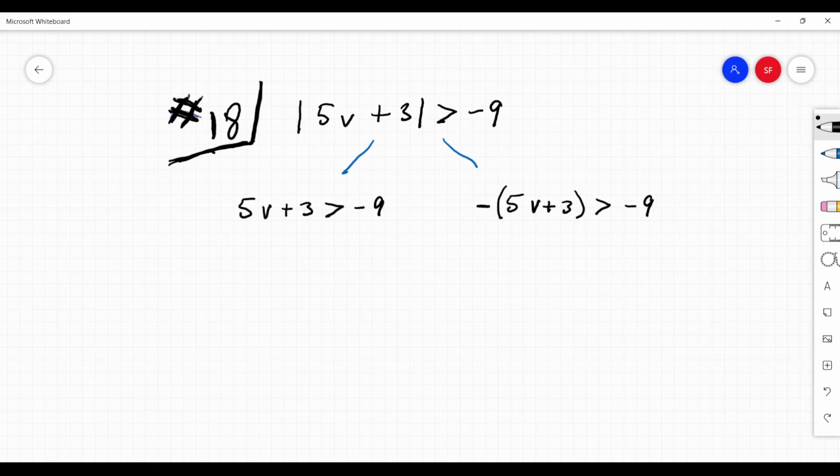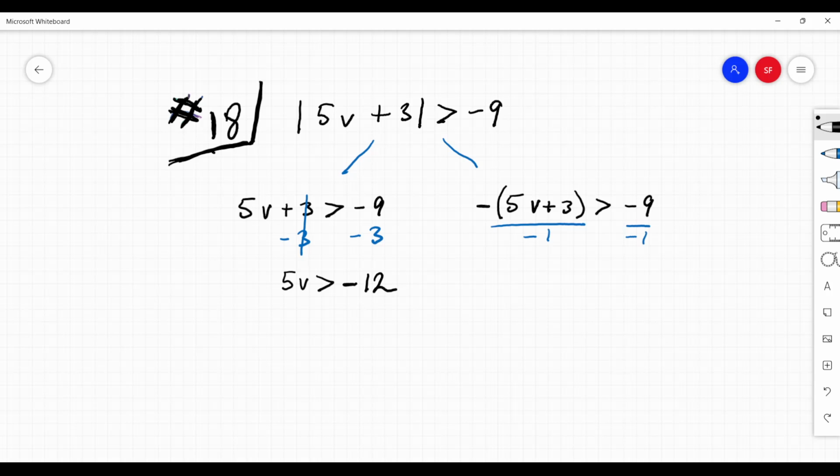Okay, so what are we going to do to solve these? On the one on the left, you'll subtract 3. What about the one on the right? Divide by negative. Or distribute. Or distribute, sure. So what do I get on the left equation? 5b is greater than -1.